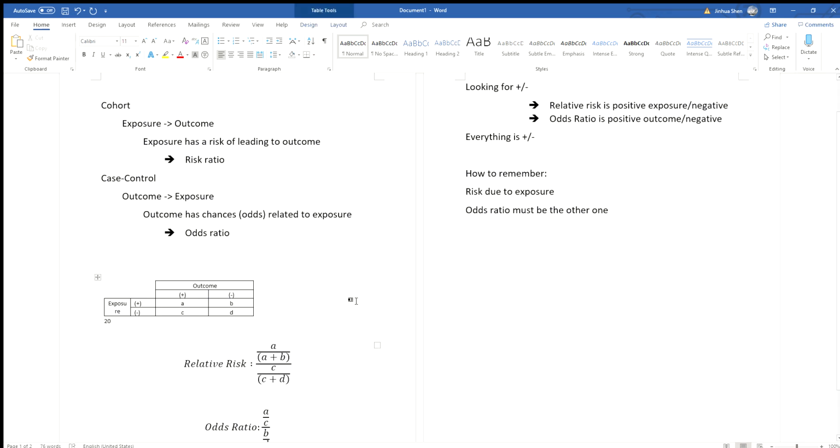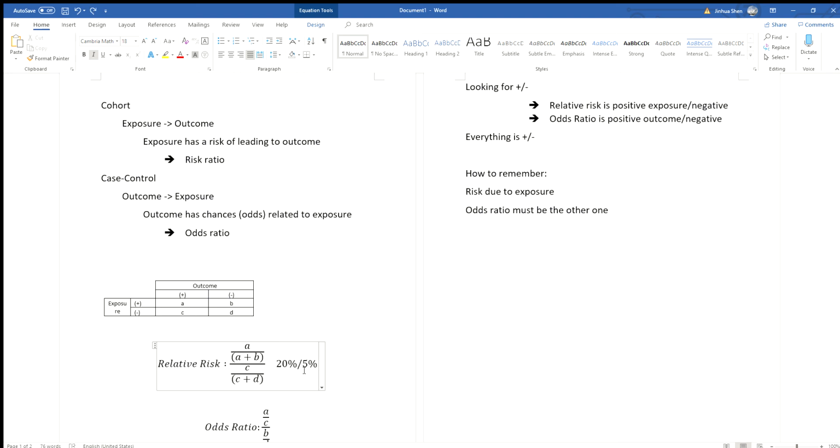Let's say 20% of the people who smoke cigarettes had cancer. Then divided by C, the people who naturally had lung cancer without smoking, over everyone who didn't smoke, which is C plus D. Let's say that's 5%.